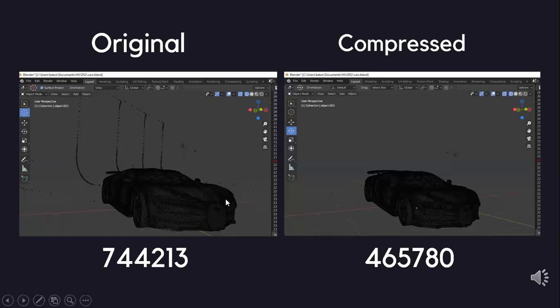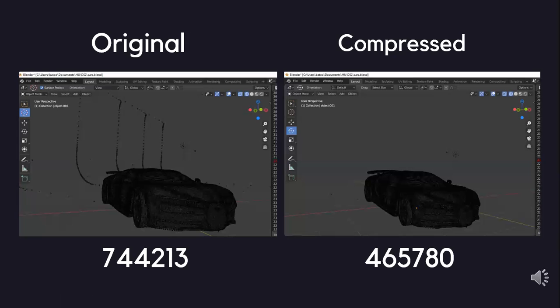Now let me break the suspense. So the one on the left is the original car, while the one on the right is the one that we rendered to the compressed version obtained through our Octree code. Now look at the numbers below them. So the numbers below them actually represent the number of vertices that are used in representing this picture.